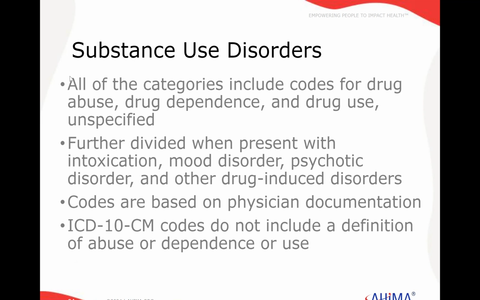These categories that we saw on the previous slide have codes for drug abuse, drug dependence, and drug use unspecified. These are all mutually exclusive. The codes are based on provider documentation. There is no global definition for abuse, dependence, or use, or when abuse becomes dependence.